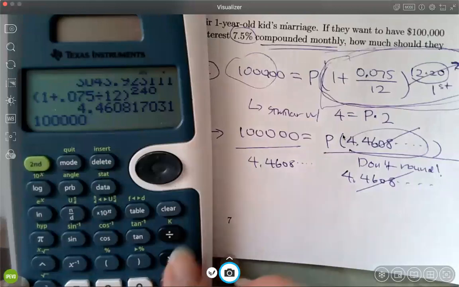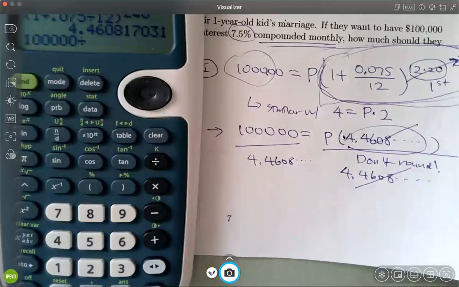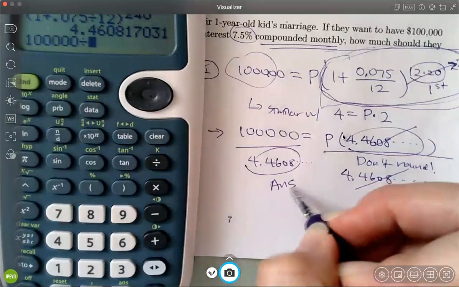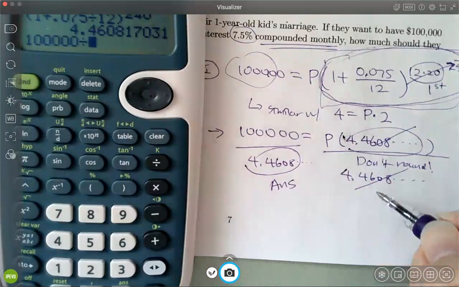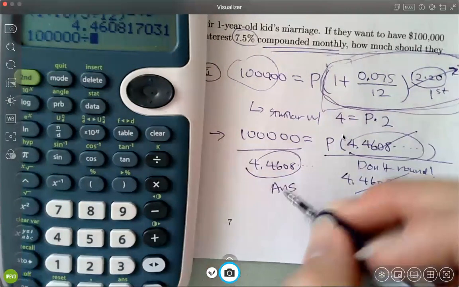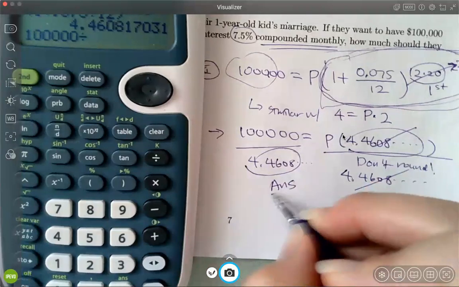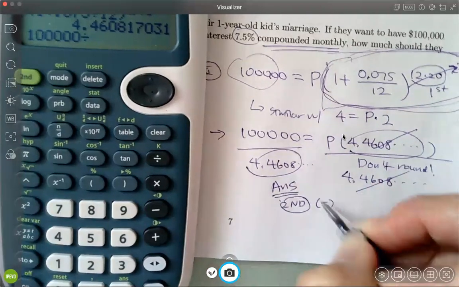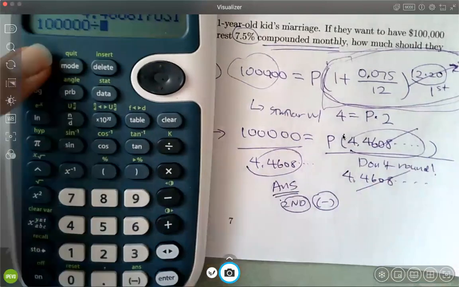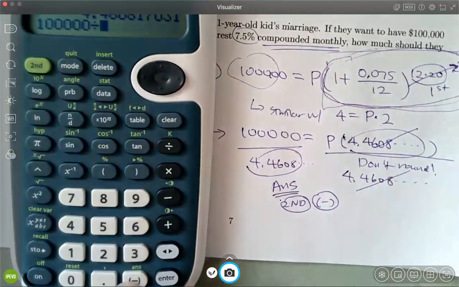and then divide it by, and hopefully you have seen this tool before, the ANS tool. So how can you achieve the ANS? Press second and then the negative sign. Here it's second and then the negative sign is right there, right at the bottom, like that.